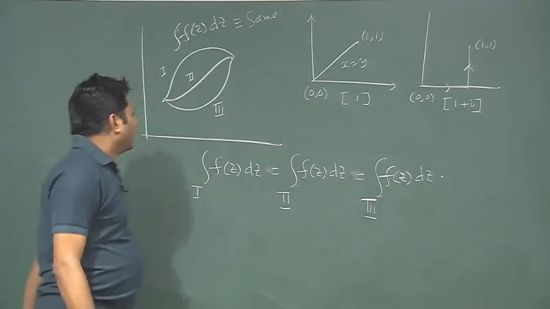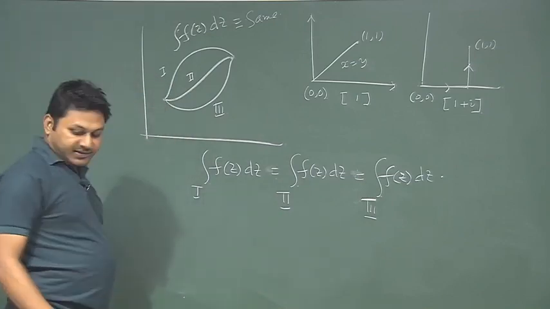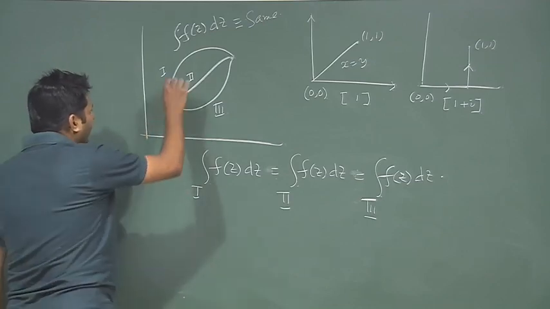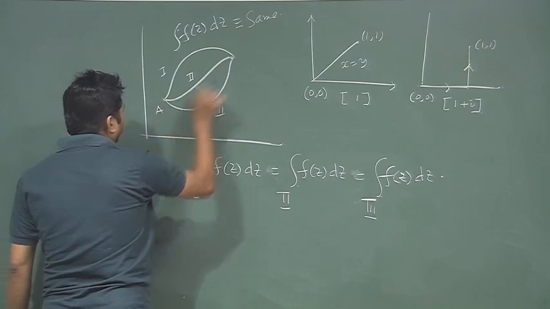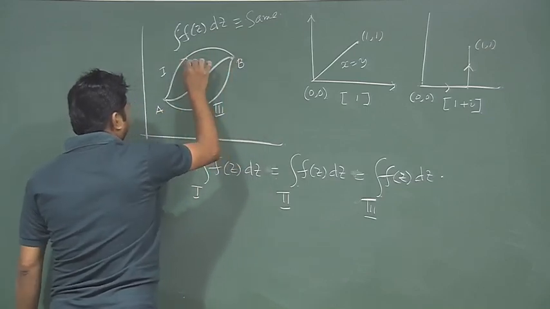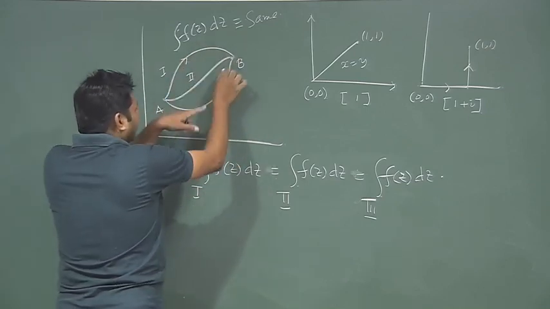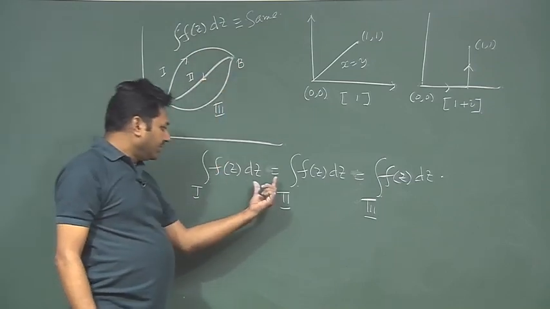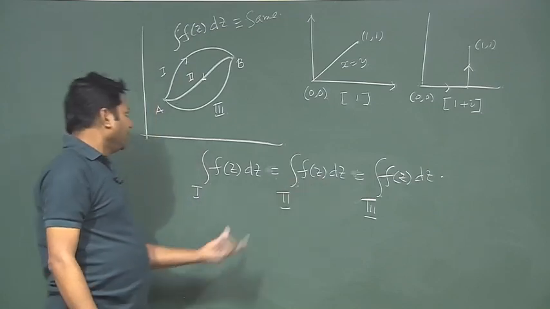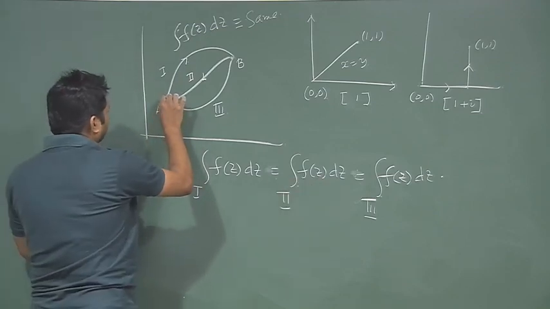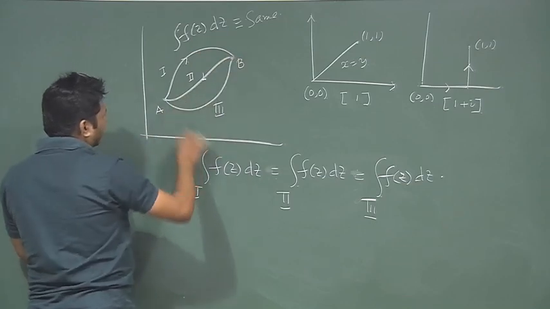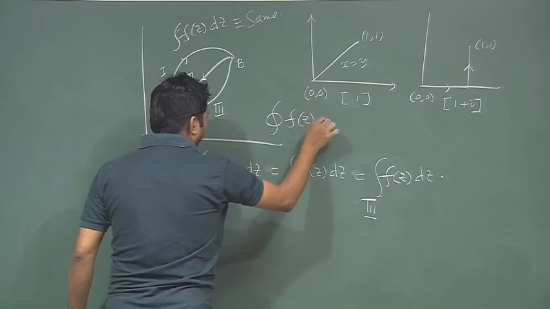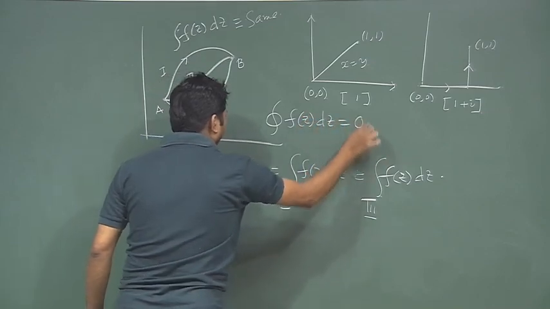And with that we can have a very interesting thing that we will show in the next class: if I go from this point, say point A, to point B with this direction and return back in the opposite direction, then path 1 is equal to minus path 2, and if I add the two, I have a closed path, A to B and B to A. If I integrate over that closed path, I will always have 0.